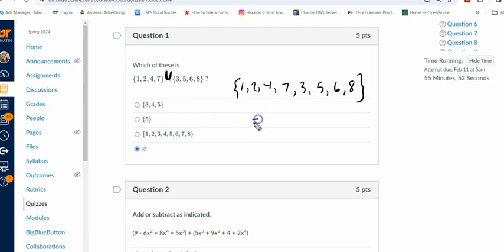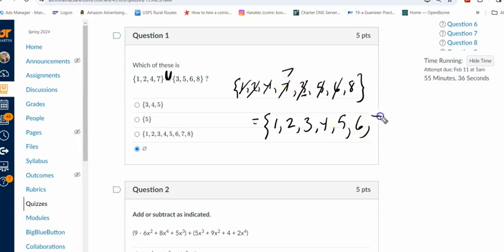The only thing that would be different is it would put it in a different order, so 1, 2, and then 3, and then 4, 5, 6, 7, and 8.